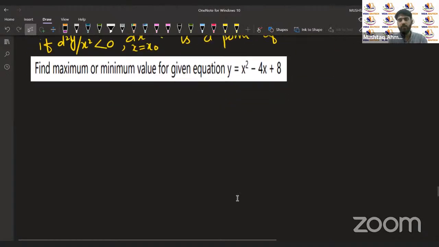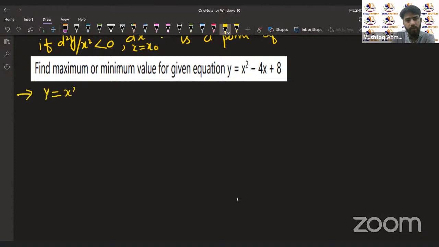Now let's discuss all these points through this question and try to understand how we calculate the maximum or minimum for this function. We have been given this function that y is equal to x square minus 4x plus 8. So what will be our first step? We will calculate the derivative with respect to x. That's dy upon dx.